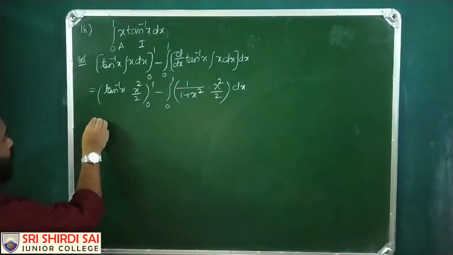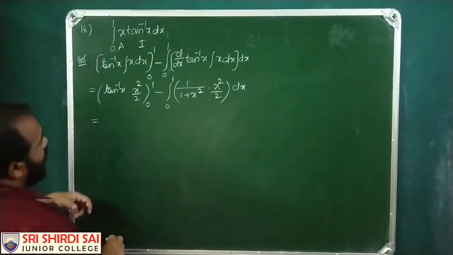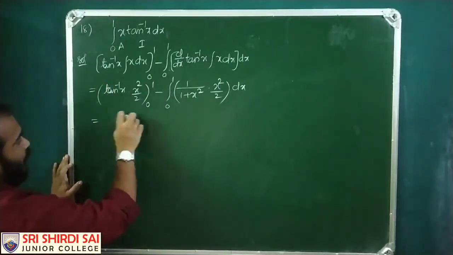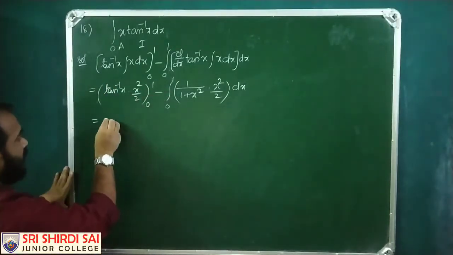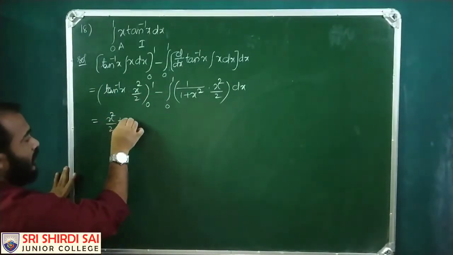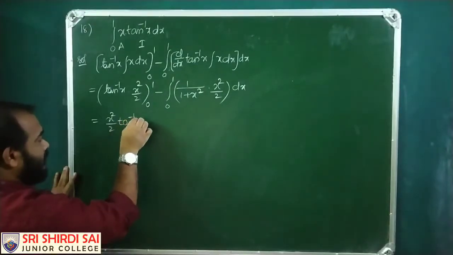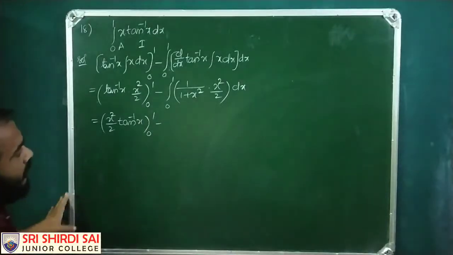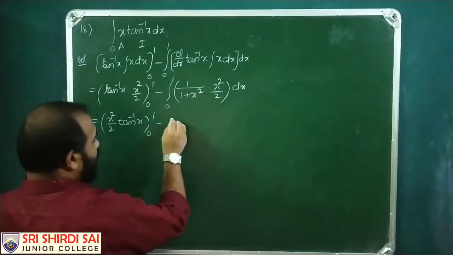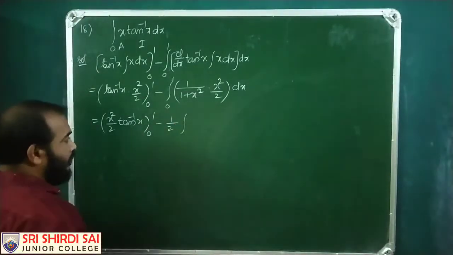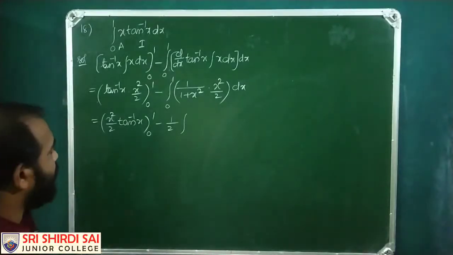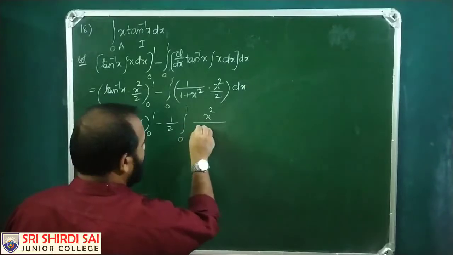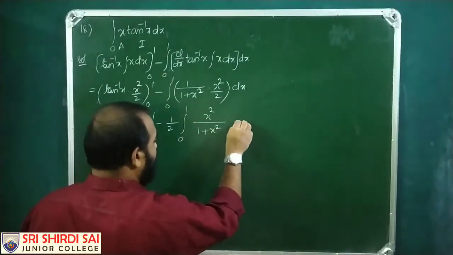This is equals to, so I will continue this for one more step without substituting the limits. So x square by 2 tan inverse x from 0 to 1 minus, this 1 by 2 being a constant, I am separating from the process of integration, 0 to 1, x square by 1 plus x square dx.